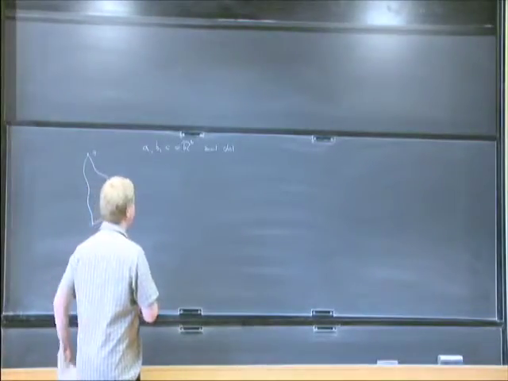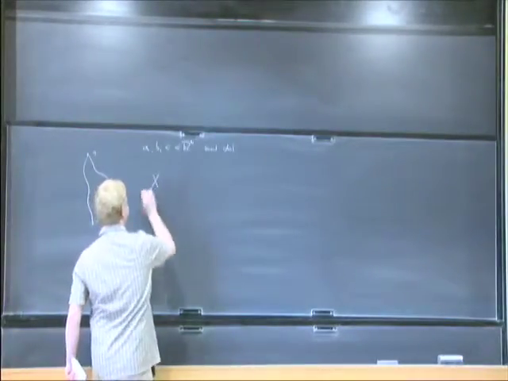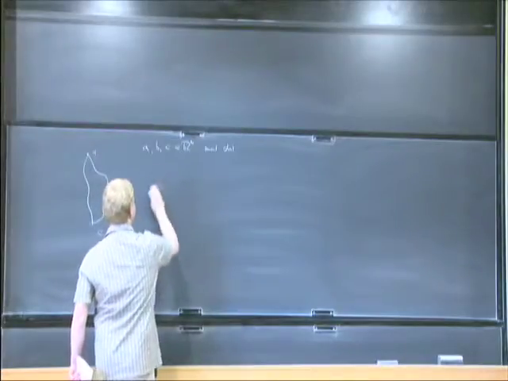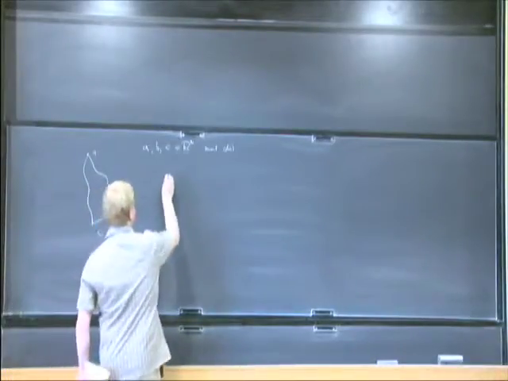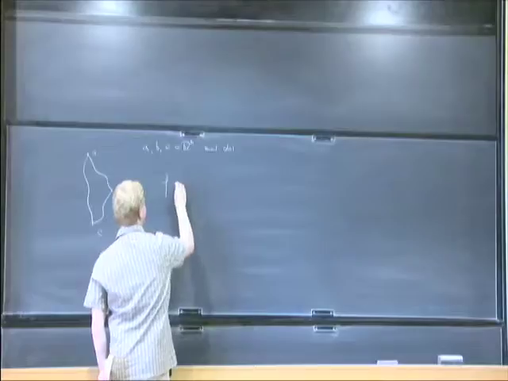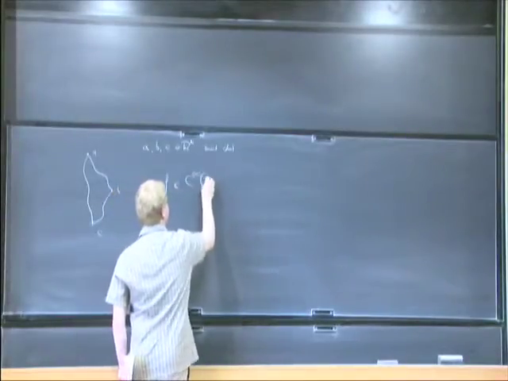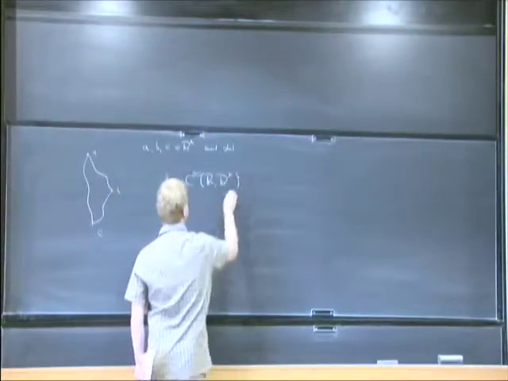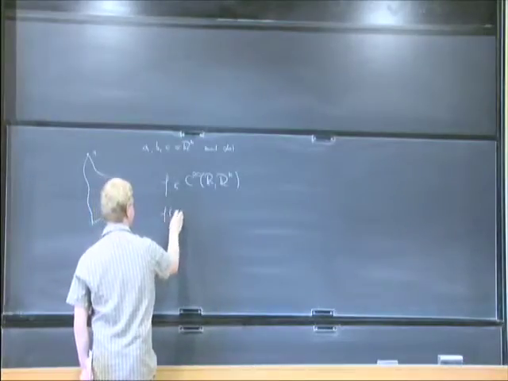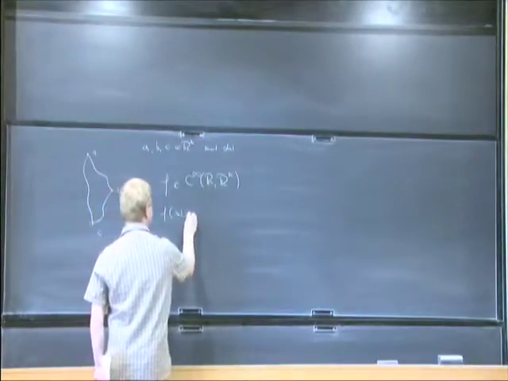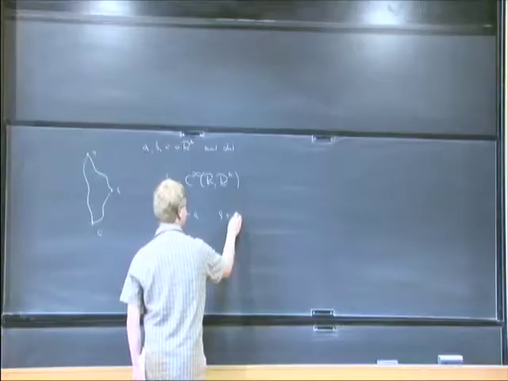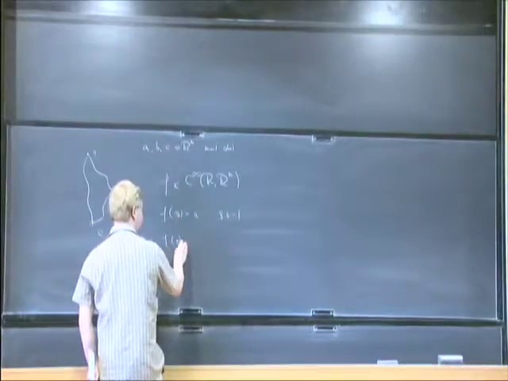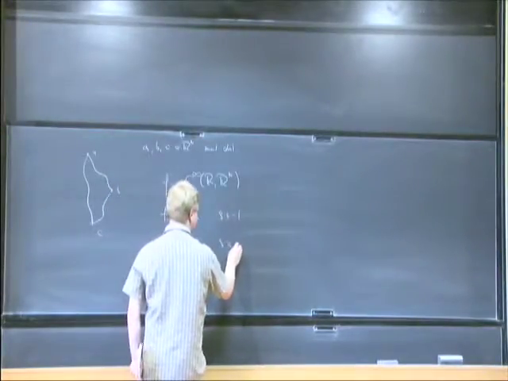Okay, so let's start with the easy space. I want to define a space. First of all, just to be precise, let's pick a map. Any smooth reference map, so that f of s is A for s less than or equal to -1, and f of s is B for s larger than or equal to plus 1.